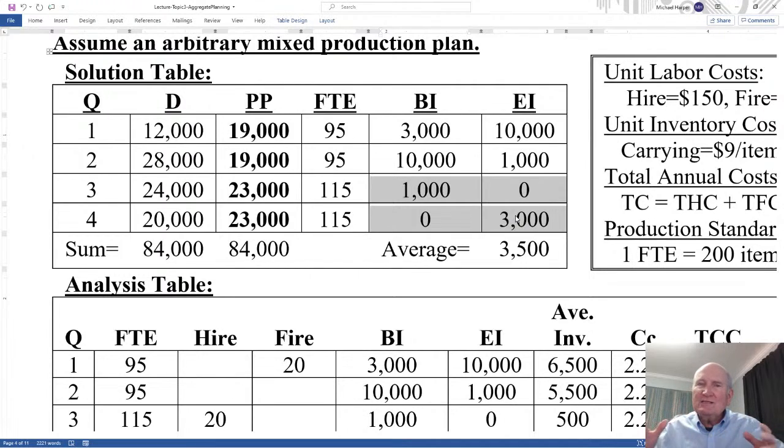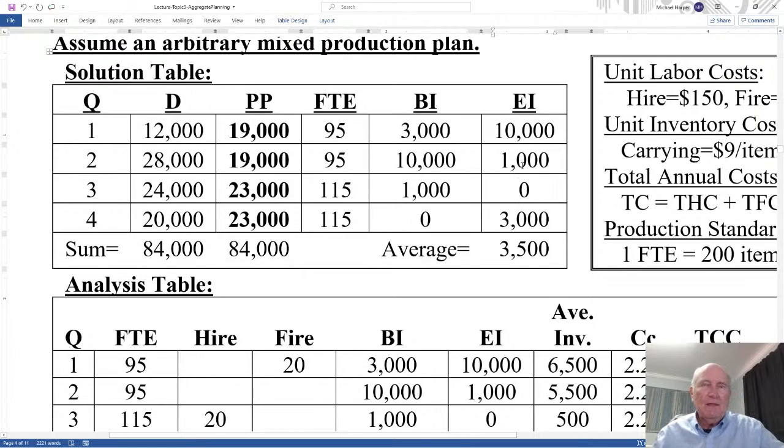There are different ways of handling stock out situations or mitigating the probability of having stock out. Back order is only one way of doing it. That's another lecture, another discussion. But to focus just on aggregate planning, let's allow no negative inventory.